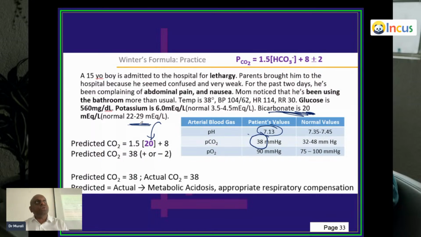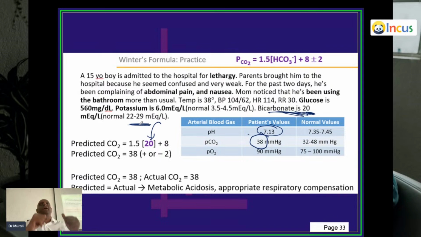Metabolic acidosis. If it is metabolic acidosis, what is the expectation on the PCO2 as a compensation? Low bicarb means metabolic acidosis. In metabolic acidosis the person will hyperventilate and exhale the CO2 out. So his CO2 is expected to also fall.